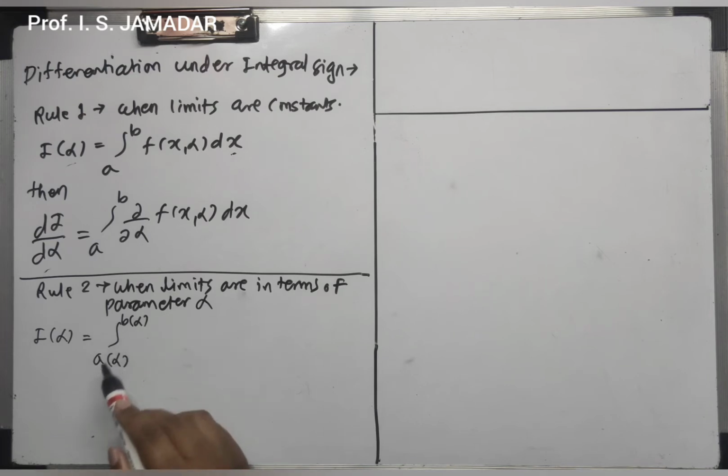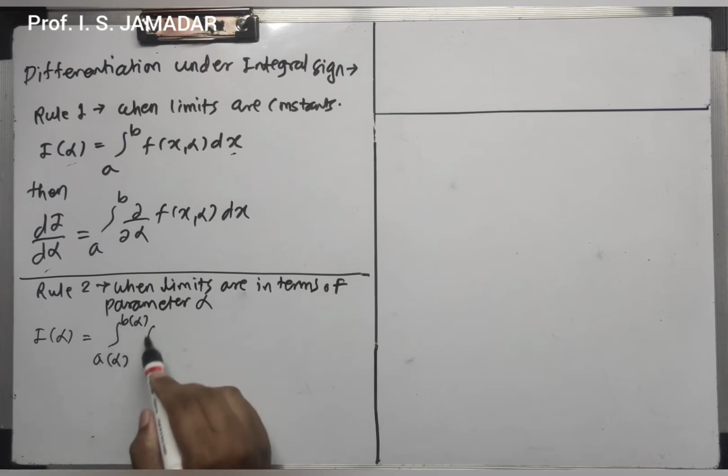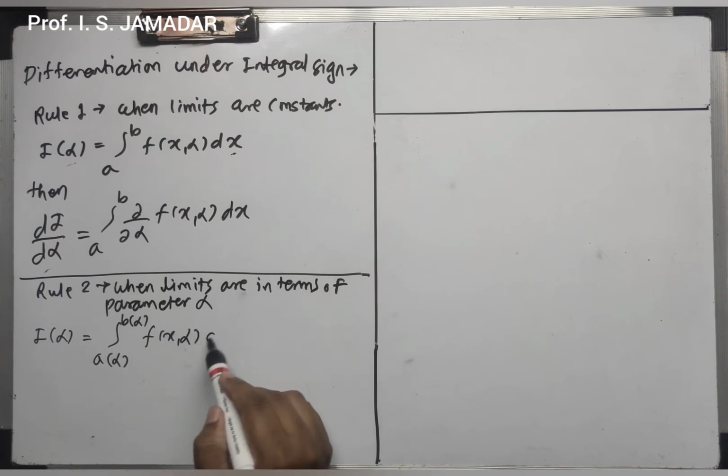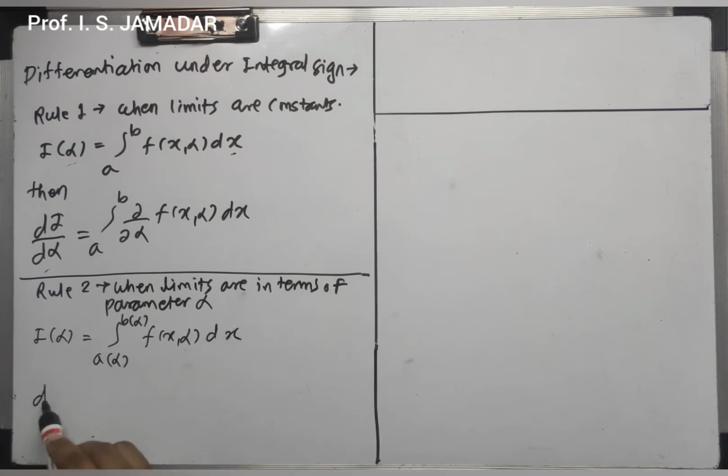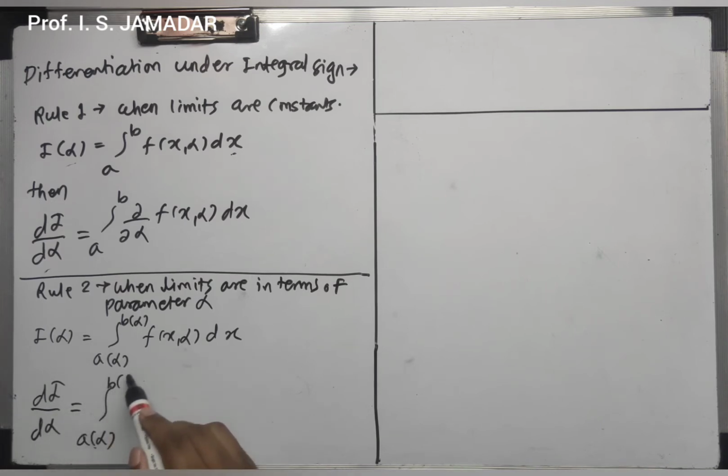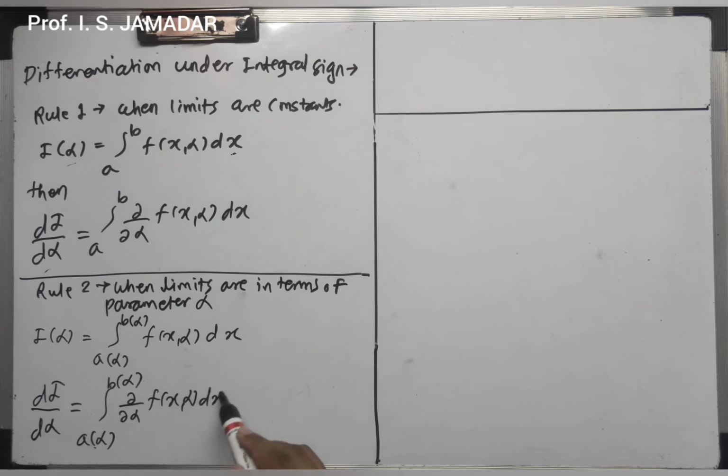Here the limits are not constant, that lower limit is in terms of alpha, upper limit is also in terms of alpha of f of x alpha dx. Then how will you take derivative? Di by d alpha, it will be equal to integration a alpha to b alpha del by del alpha of f of x alpha dx.